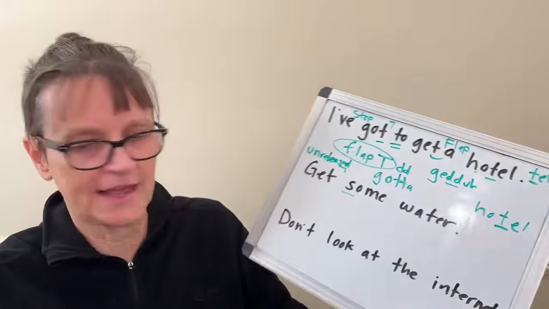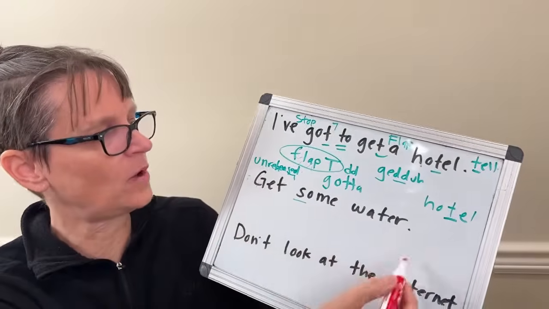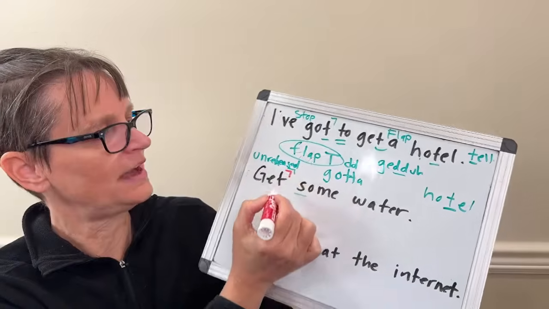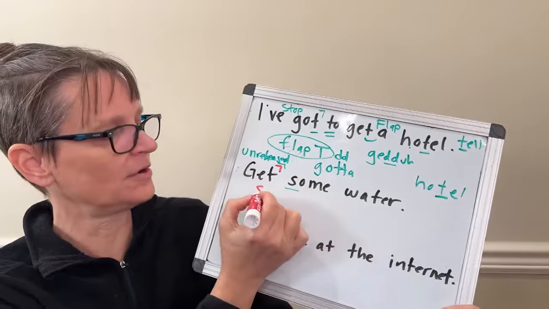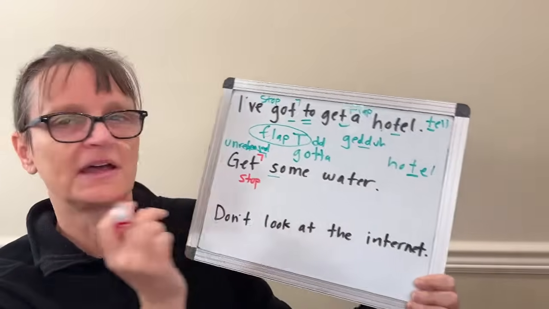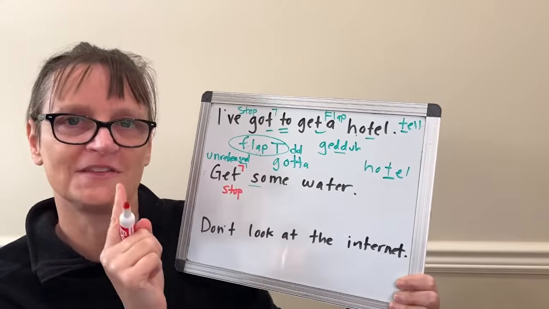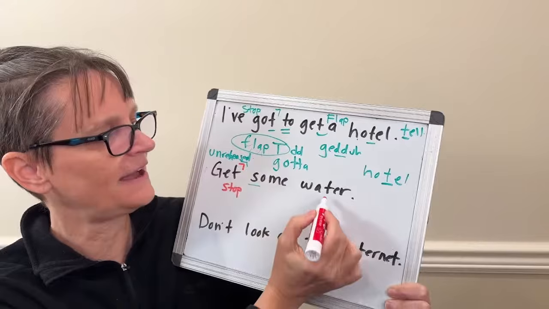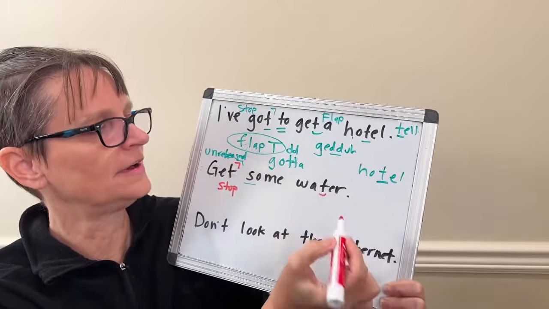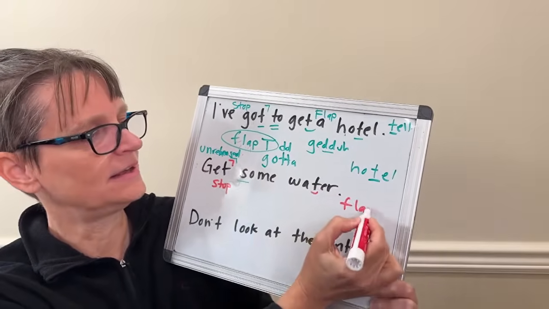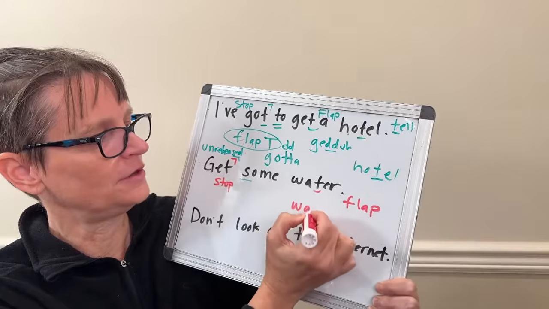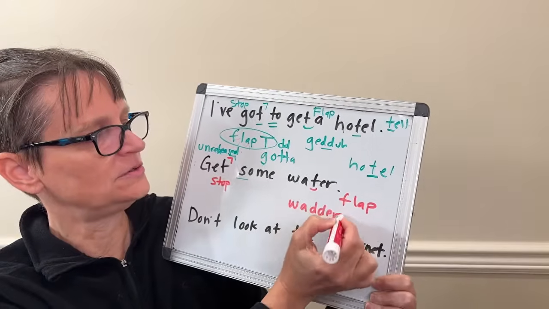Next, let's look at "get some water." Here we have, again, the stop or unreleased T. So I'm not going to say "get some," but rather "get some." Go up to make the T and release to the S. And then in water, I'm going to have the flap T again. So I'll rewrite that for you with two Ds.